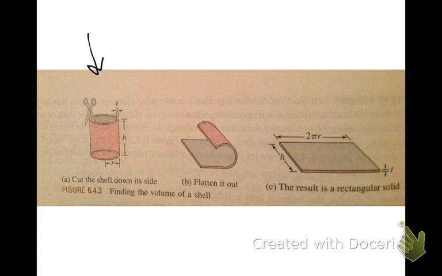And if you were to unroll the soup can label, you should be able to recognize it as a rectangle, and it's important to notice that one side of the rectangle can be expressed as 2 pi r, or the circumference of the shell, and the other side of the rectangle is the height of the actual shell. Right? And notice how that is oriented in terms of the shell itself. Right? That's the picture we're after in terms of cylindrical shells.